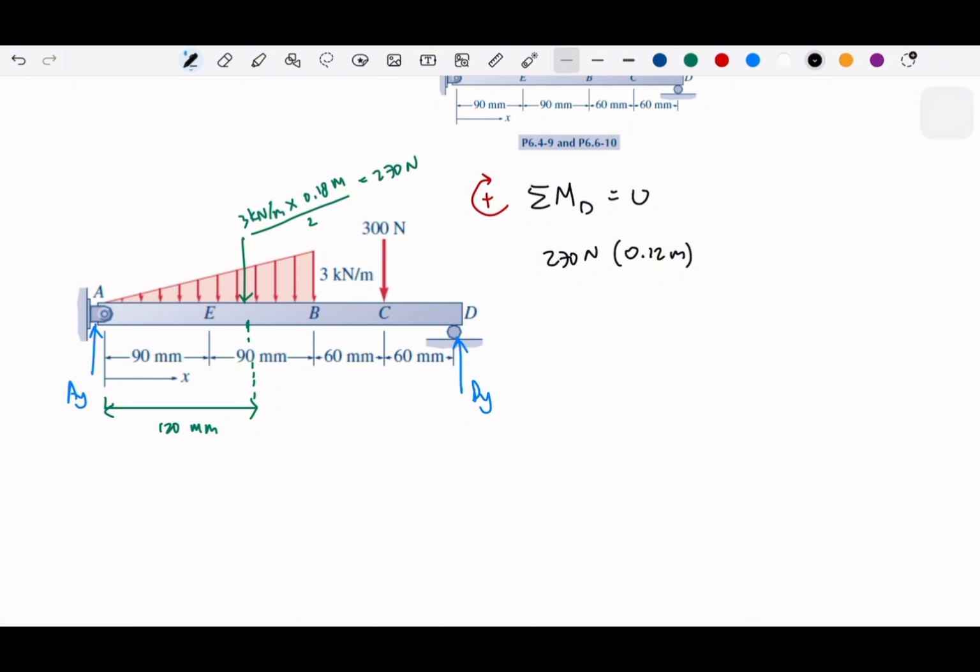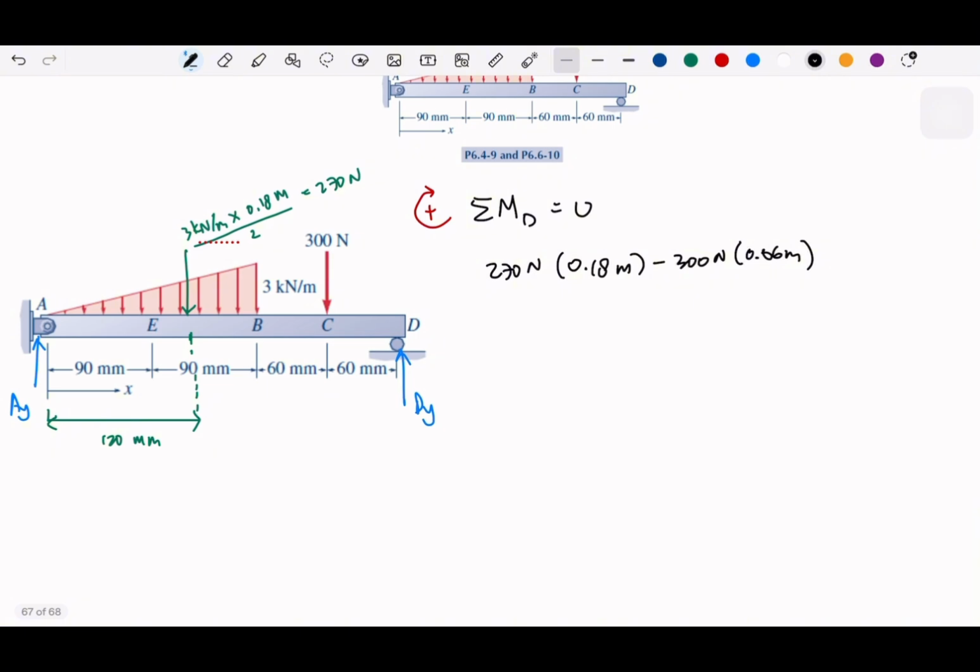Oh wait, not 0.12, this should be to D, so 0.18, sorry, 0.18. And then 300 Newton, 0.06 meter, and then plus AY, the whole thing is 0.3, equals 0. So calculate this, we have AY as around 222 Newton.